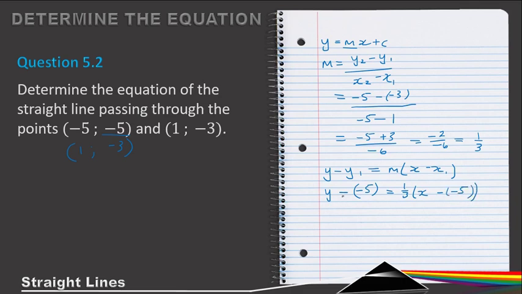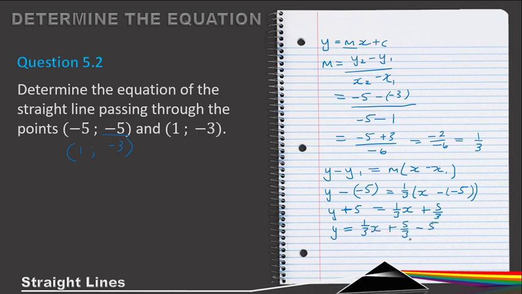Then to simplify all of this, we have y plus 5 equals, let's multiply the 1 over 3 in, so 1 over 3x, this becomes a plus, so plus 5 over 3.